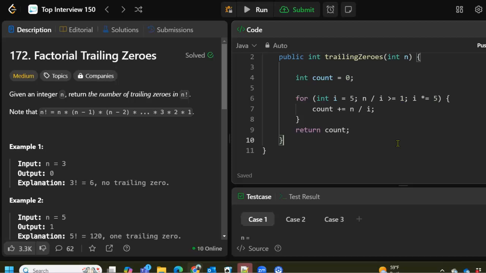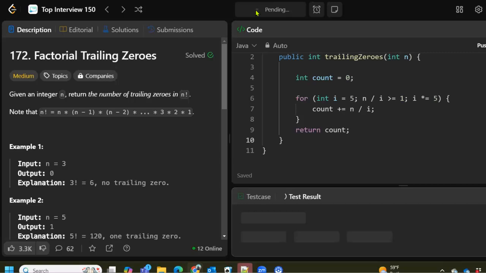And we'll keep doing this until we get a number that's bigger than n, and that's it. It's based on the number of factors of 5 and the fact that some numbers have more than one factor of 5.